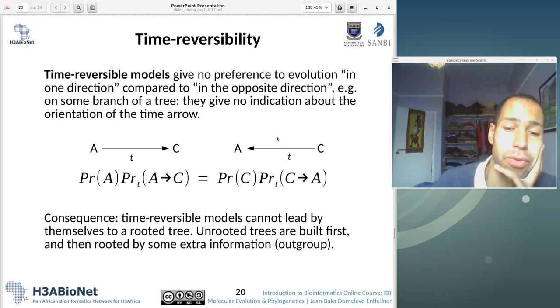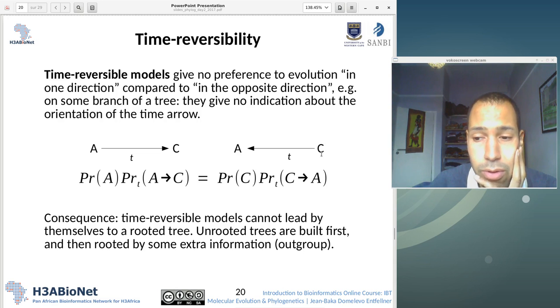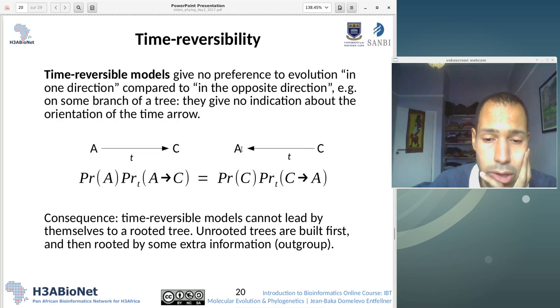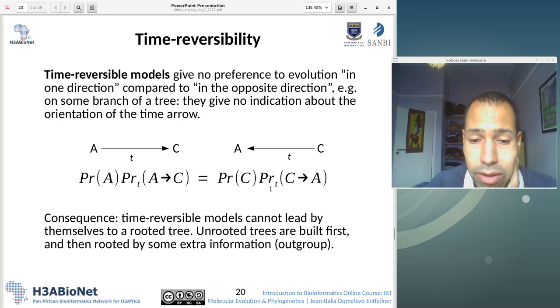Here, the probability of this evolutionary tree is the a priori probability to have a C multiplied by the probability of transition from a C to an A over time t. By the way, when we write this probability over time t to have a C transformed into an A, it doesn't say anything about what's happening here. This in no way says that there has been along this branch only one substitution event, right?